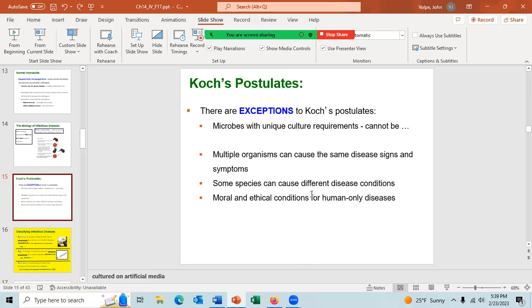And they did the same with syphilis, showing that the syphilis bacterium, Treponema pallidum, causes syphilis. They would study people who were negative for that organism and then follow them, and some of them would pick it up, and then they would have symptoms of syphilis later on.